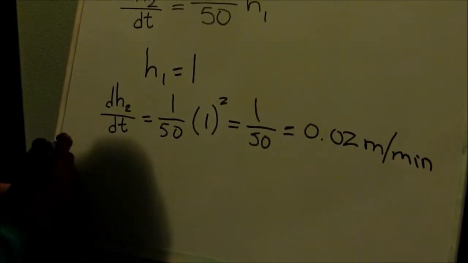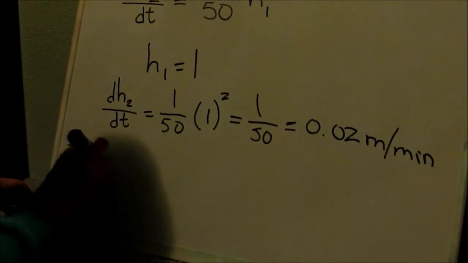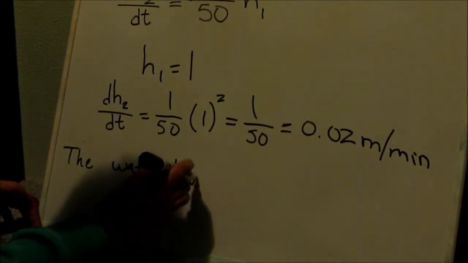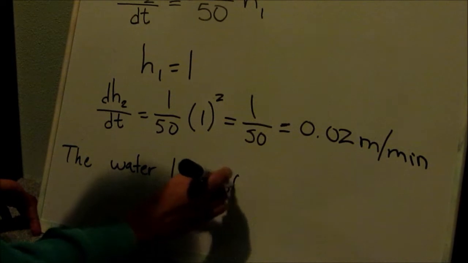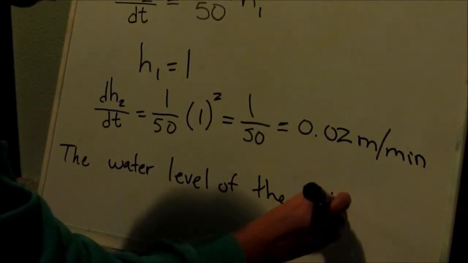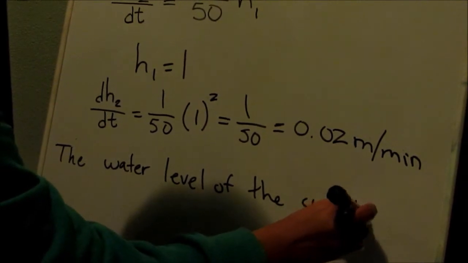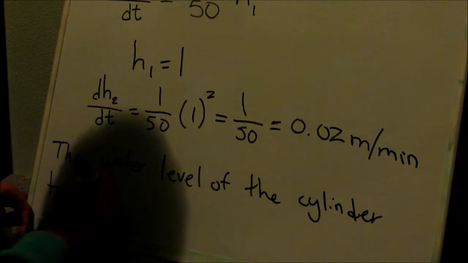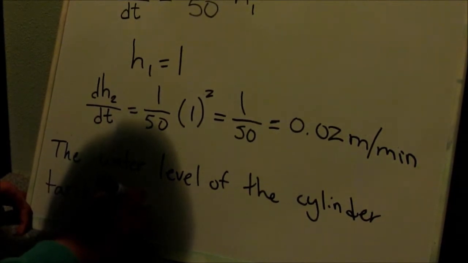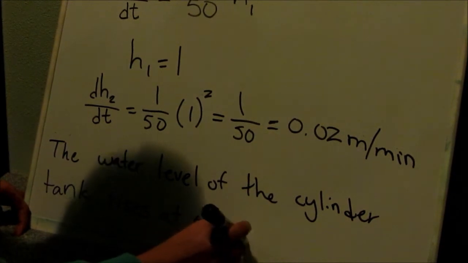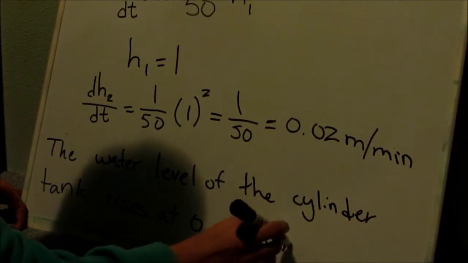In words, the water level of the cylinder tank rises at 0.02 meters per minute.